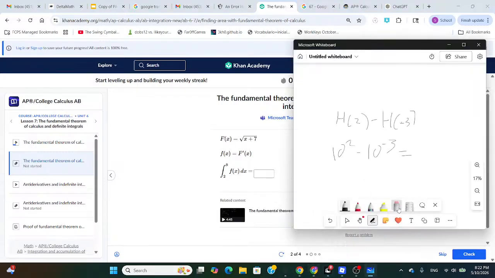All right. Let's see. So, is this the same thing? FTC part 1? Is it this, F of 9 minus F of 2? What?